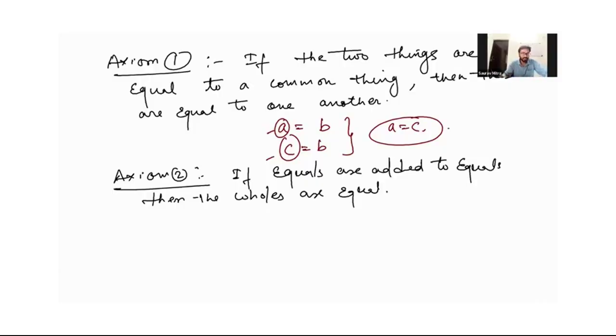That means if equals are added to equals, so let us say I have A is equal to C and B is equal to D. If I add these two terms on the left side, A plus B, and on the right side C plus D, then these two whole terms are also equal. Clear? So this is your axiom 2.